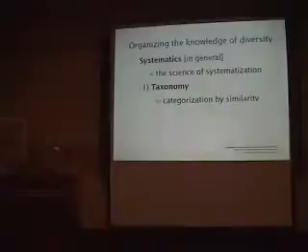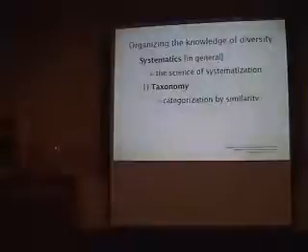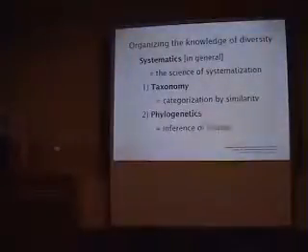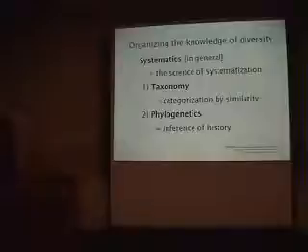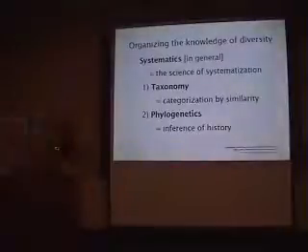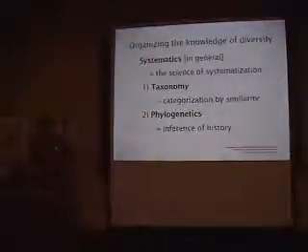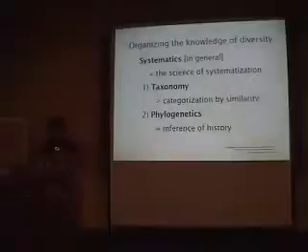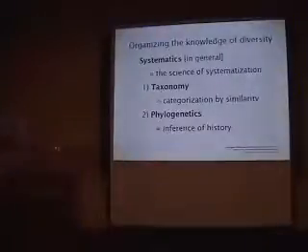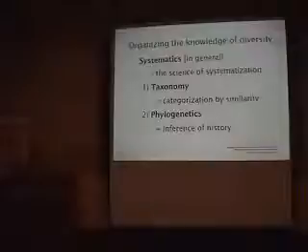Taxonomy is categorization by similarity or dissimilarity among organisms. But we have another kind of science, which is called phylogenetics, which is based on the inference of history of organisms. So in this case, we must consider what is the difference between taxonomy and phylogenetics.